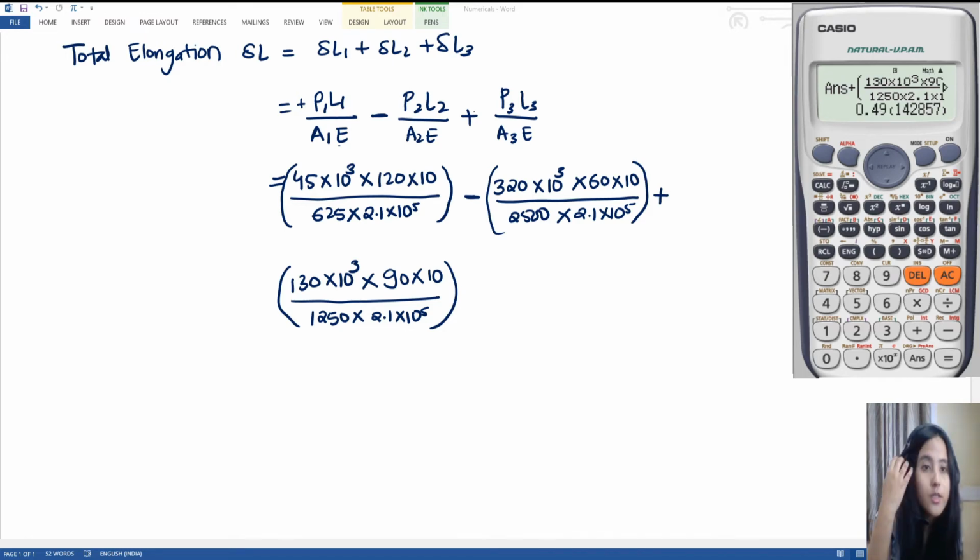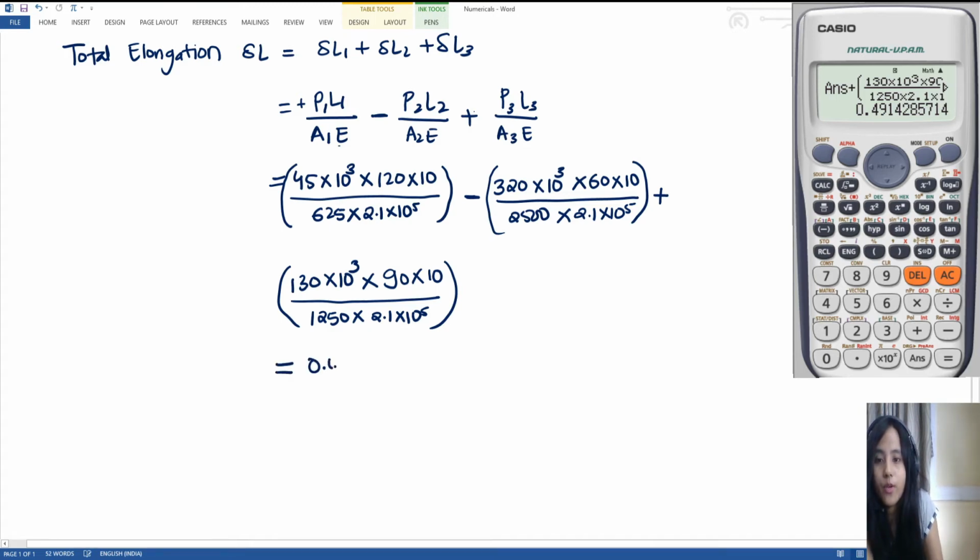So the elongation is coming equal to 0.49 mm. Since it is positive here, that means this is under tension, right?